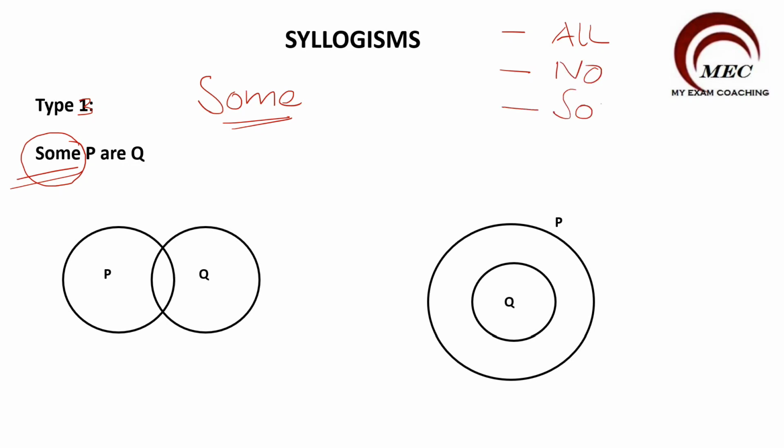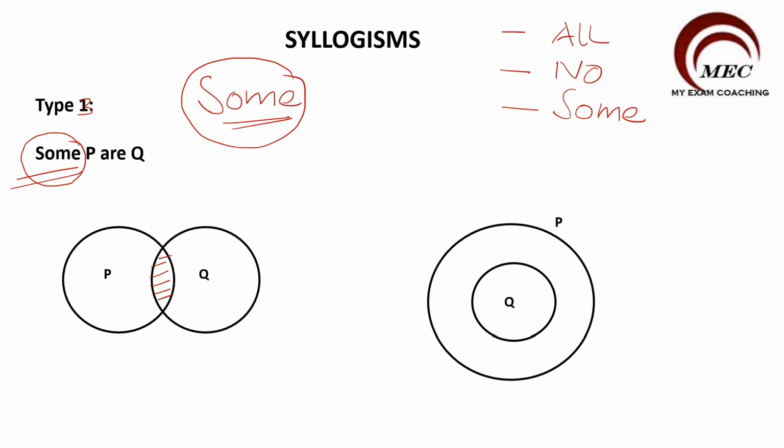When the word some is used, then some part of P comes under Q. Not everything, only some part. It can be full or it can be all. So this way also we can do.